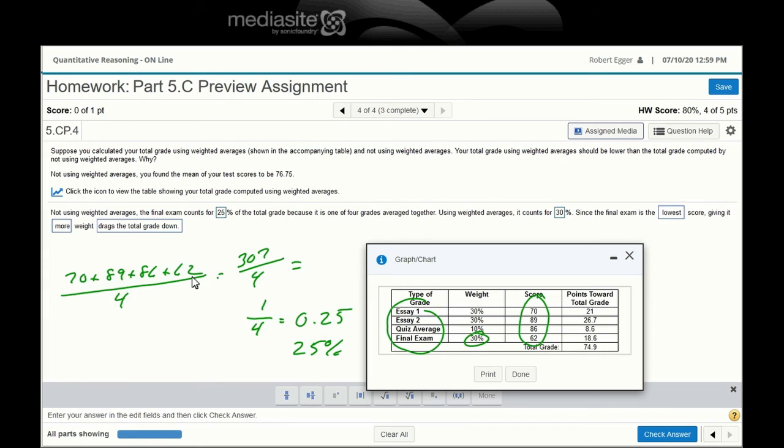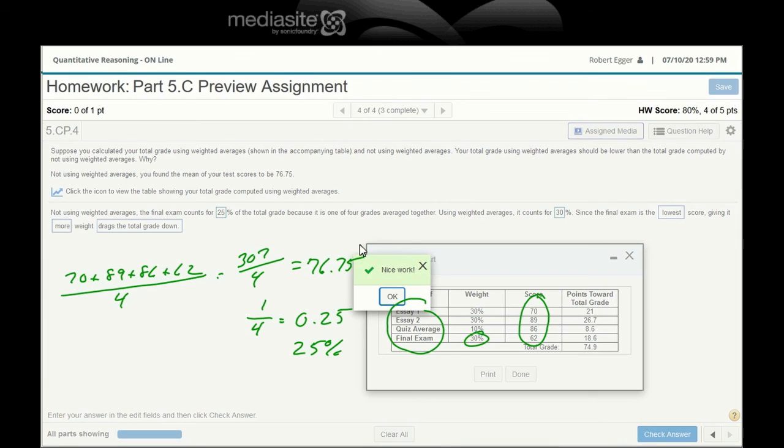Divide that by 4, and we get 76.75. So yeah, it drags it down. How do we do? All of our selections are correct.